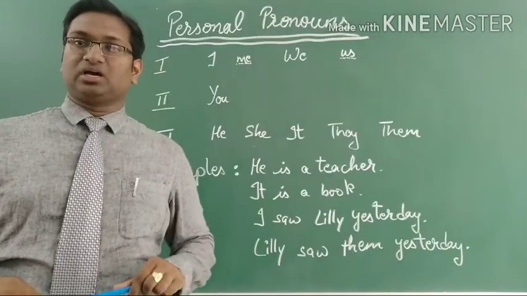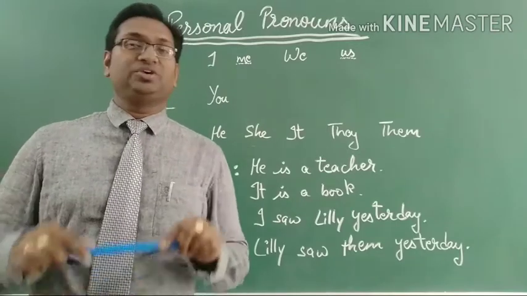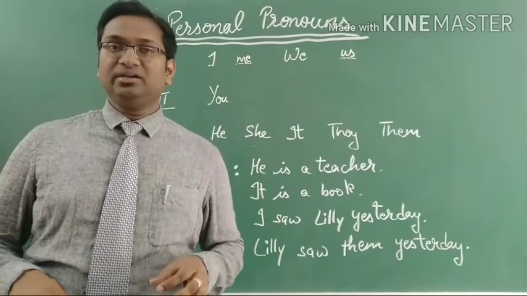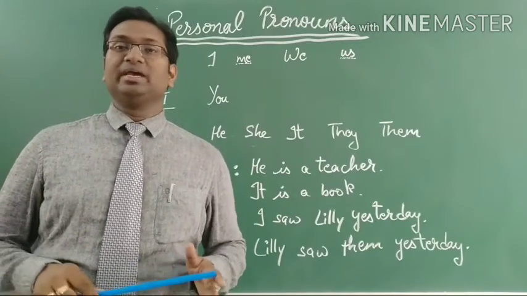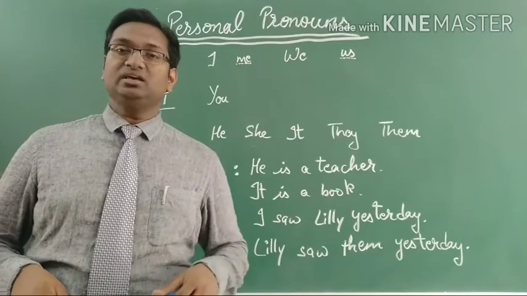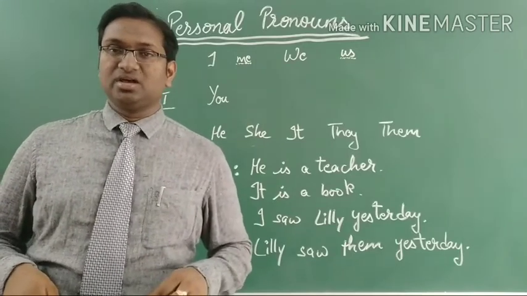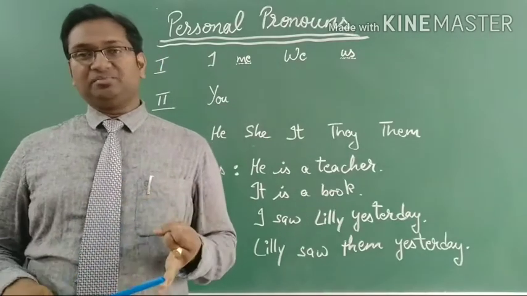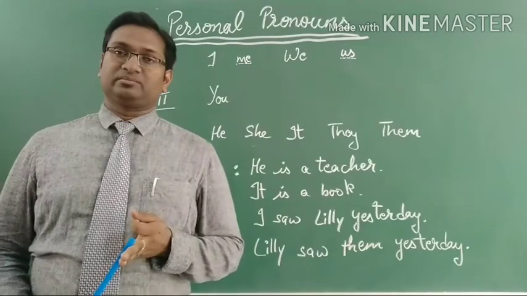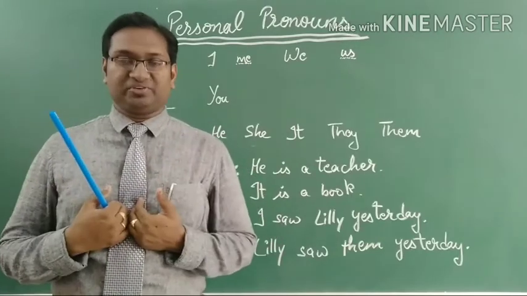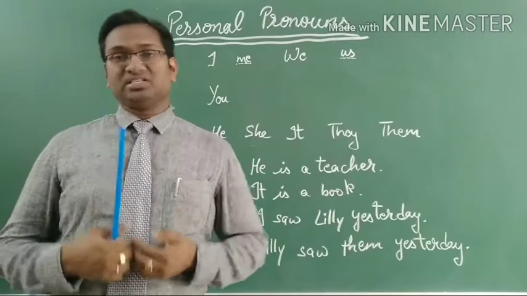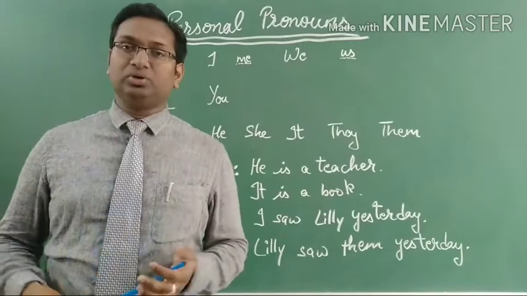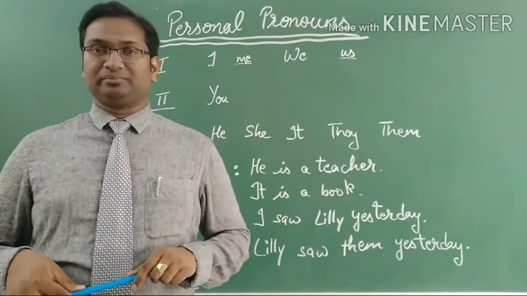First is personal pronouns. Personal pronouns are those pronouns which we use in place of a noun or subject. For example, I, we, you, he, she, it, they, them. Like this. Now, personal pronouns involve three persons: first person, second person, third person. Suppose I am the first person. So here, the personal pronoun for first person is I, and in plural form, we.